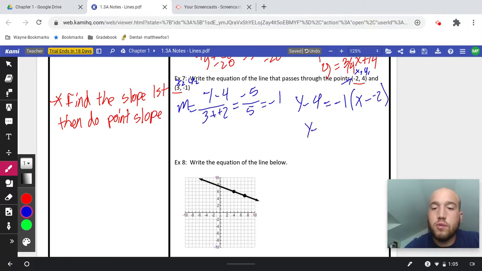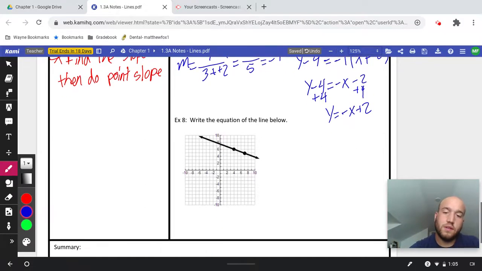So y minus 4 will stay here. We're going to distribute this in. Minus minus becomes +2. So y minus 4 equals -x minus 2. And from here, all we have to do is add the 4. And now we have y equals, and in this case, it'll be -x plus 2.